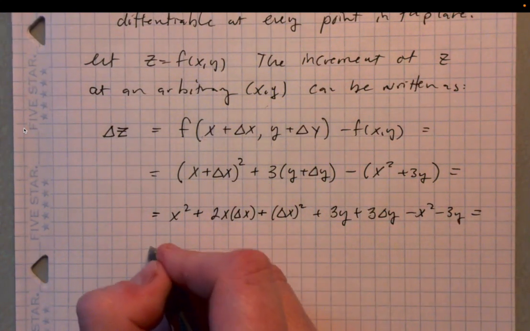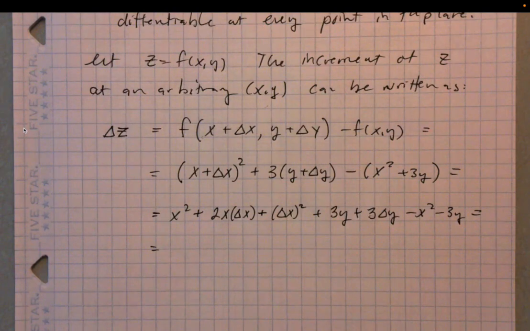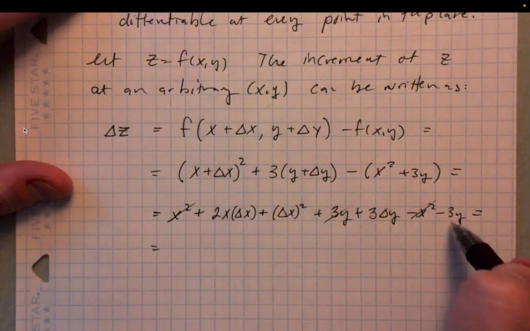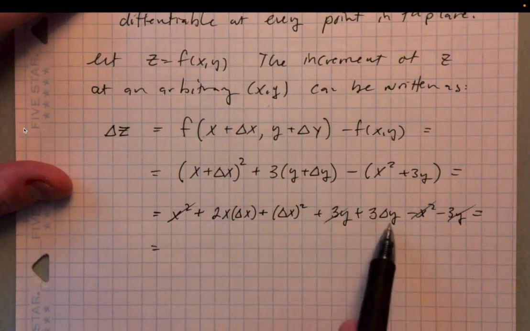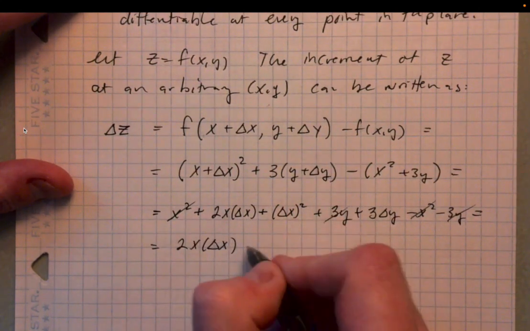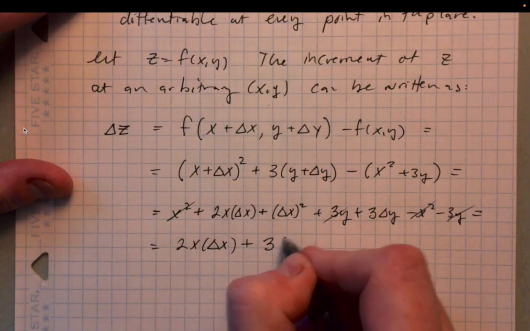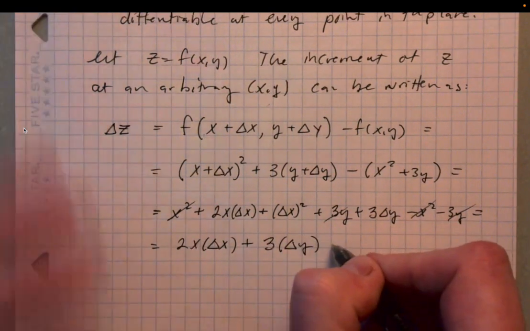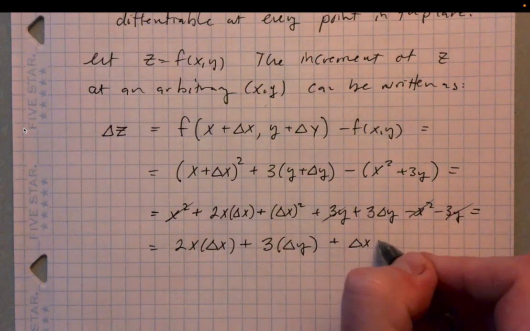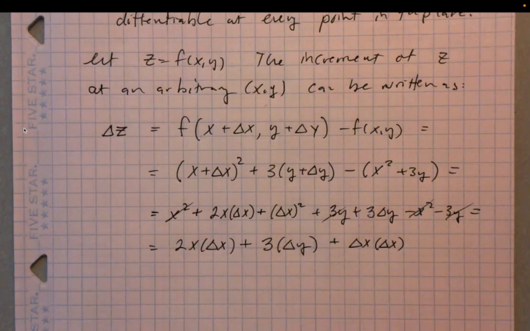A lot of things are going to cancel out here. The x squares will disappear, the 3y's will disappear, and you're left with these pieces: 2x times delta x plus 3 times delta y, and then instead of delta x squared, I'm going to write this as delta x times delta x.